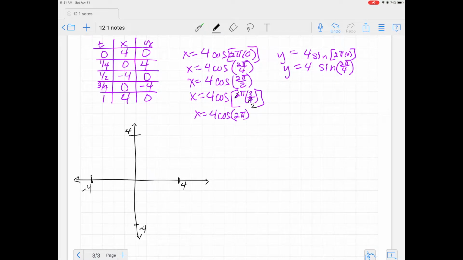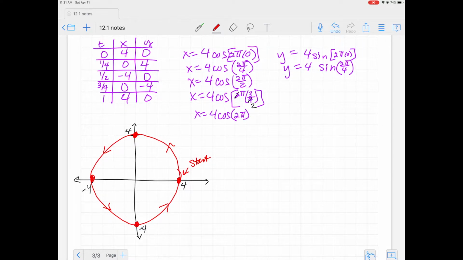Now, I'm at 4, 0 here with my graph. I am then at 0, 4, -4, 0, 0, -4, and then back here to 4, 0. So I know that we're going to start here, and I'm going around the circle. Not awesome, but you see what's happening.